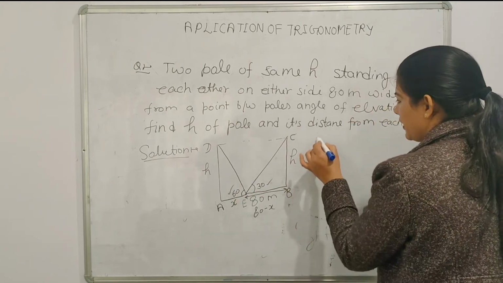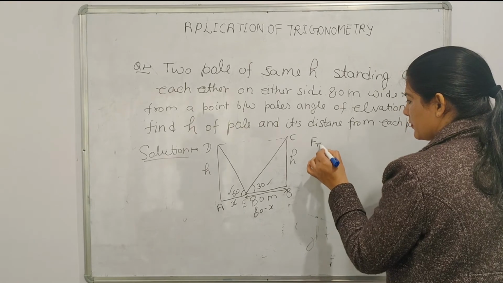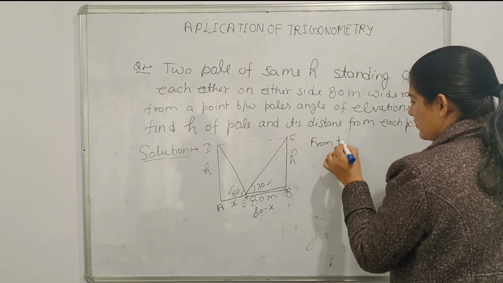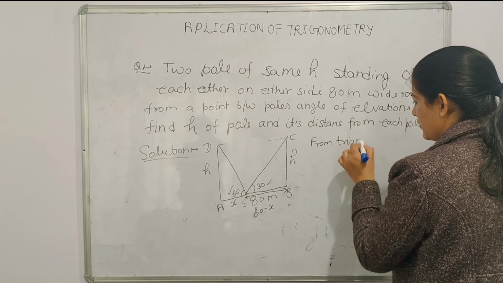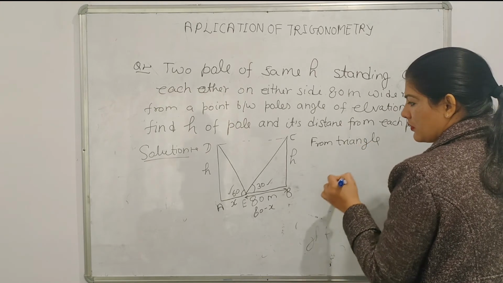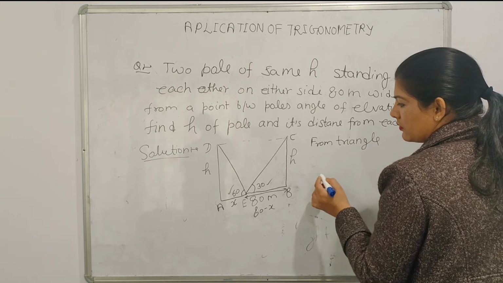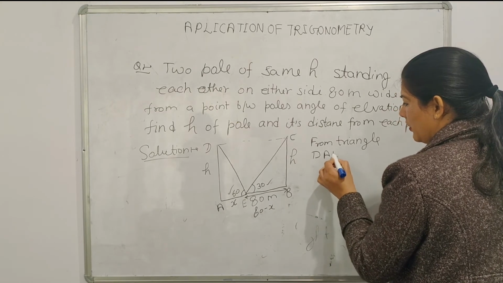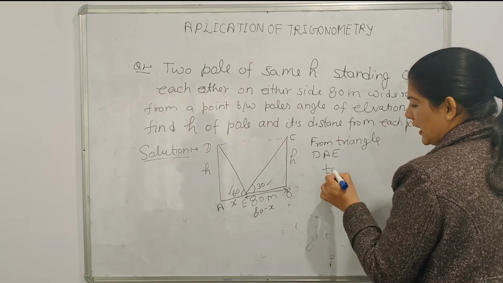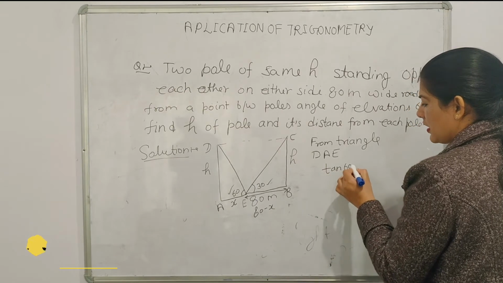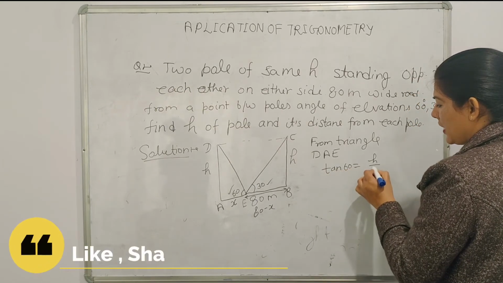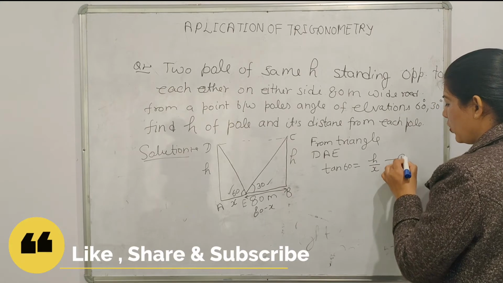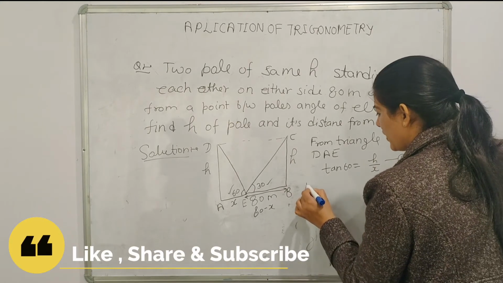So from triangle DAE, tan 60 is equal to h by x. This is equation 1.